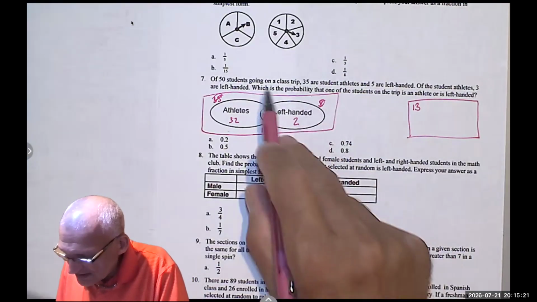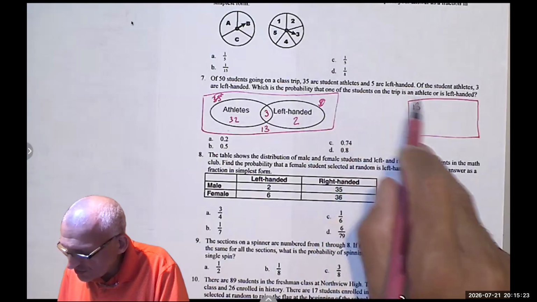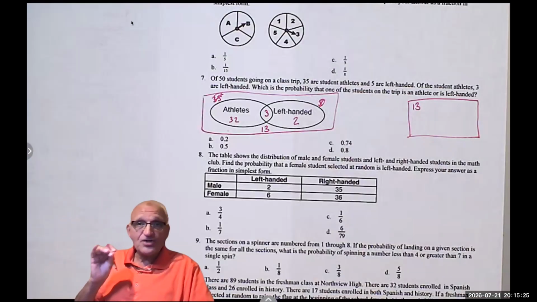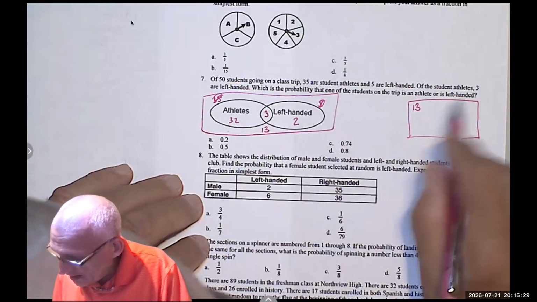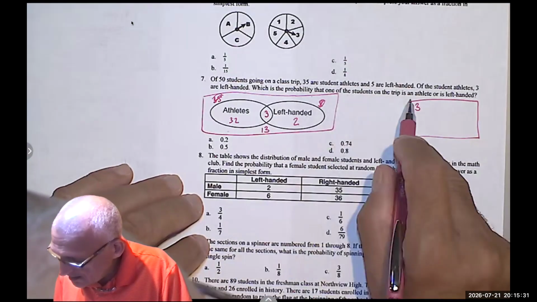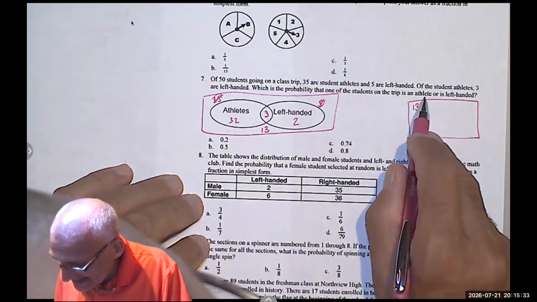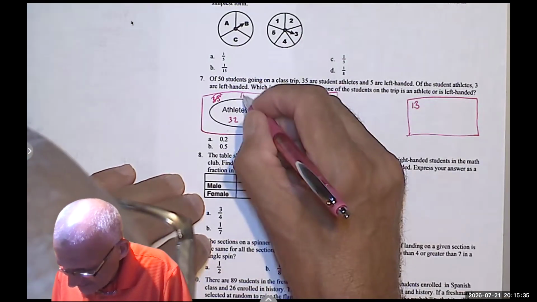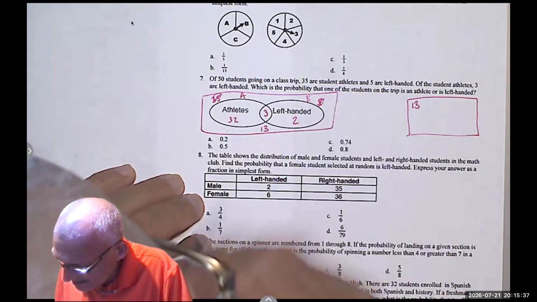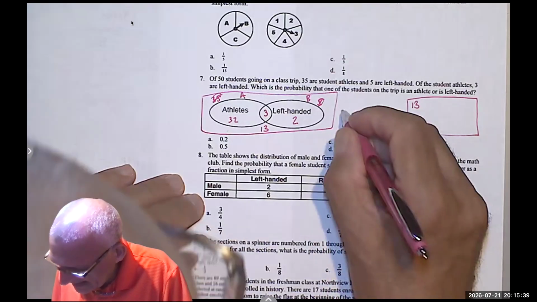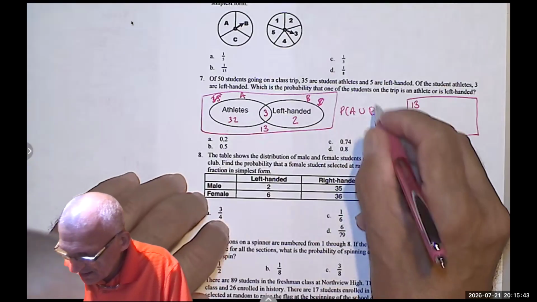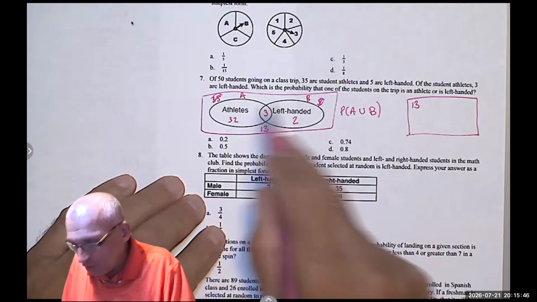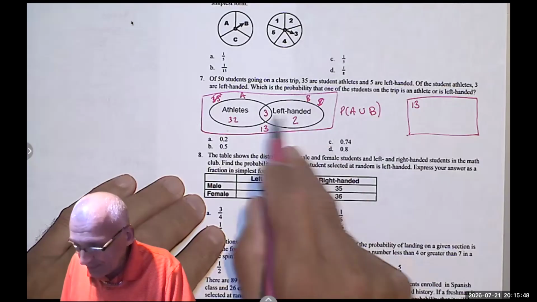So they ask what is the probability that one of the students on the trip, if I select one at random out of these 50, is an athlete. If I call that event A and this is event B, what is the probability that I have A or B, either athlete or left-handed or both?